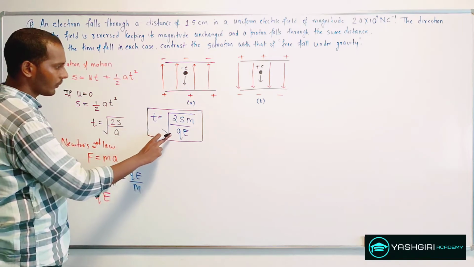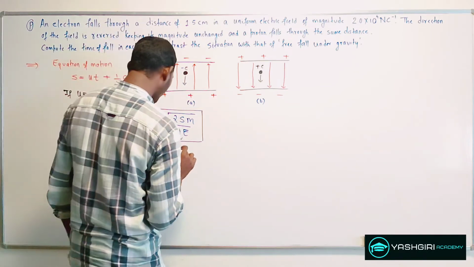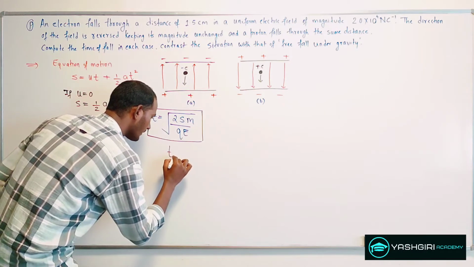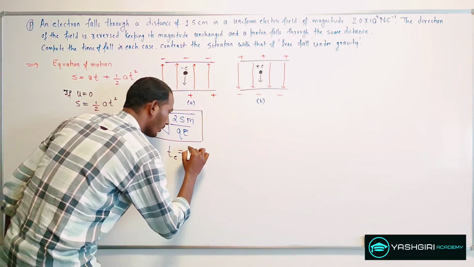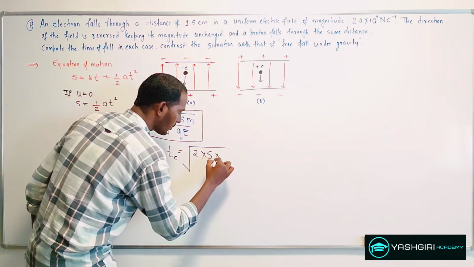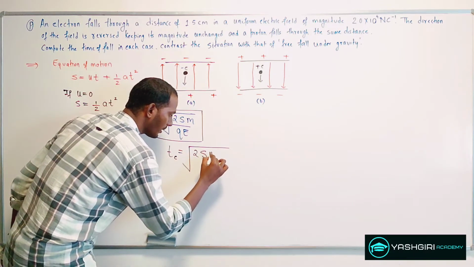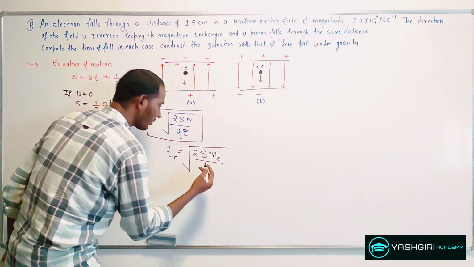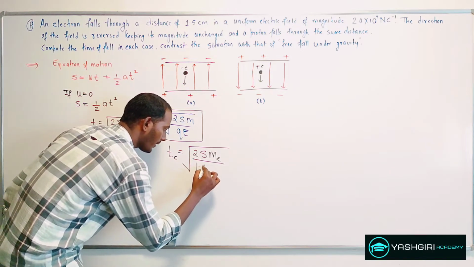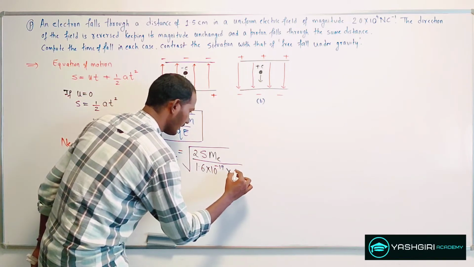So now, if I want to calculate the time of fall for your electron, let me call it the time of fall TE. The time of fall for your electron will be equal to the square root of twice the distance S into the mass of your electron, divided by the charge q, which is 1.6 into 10 to the power minus 19, into the electric field.